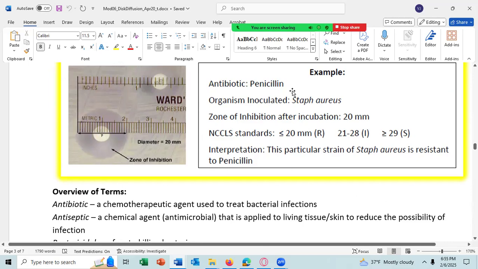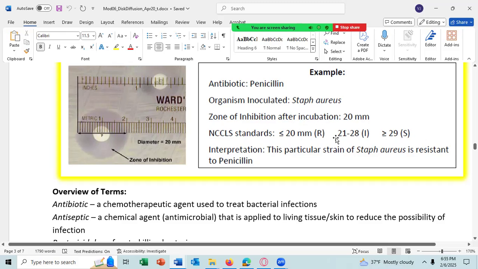The table will have 20 millimeters as the cutoff, and if the zone of inhibition measured in diameter is less than or equal to 20 millimeters, we say that this organism, Staphylococcus aureus, is resistant to penicillin G. On the other hand, if the zone of inhibition is 29 or greater millimeters, then we say Staphylococcus aureus is sensitive to penicillin G.